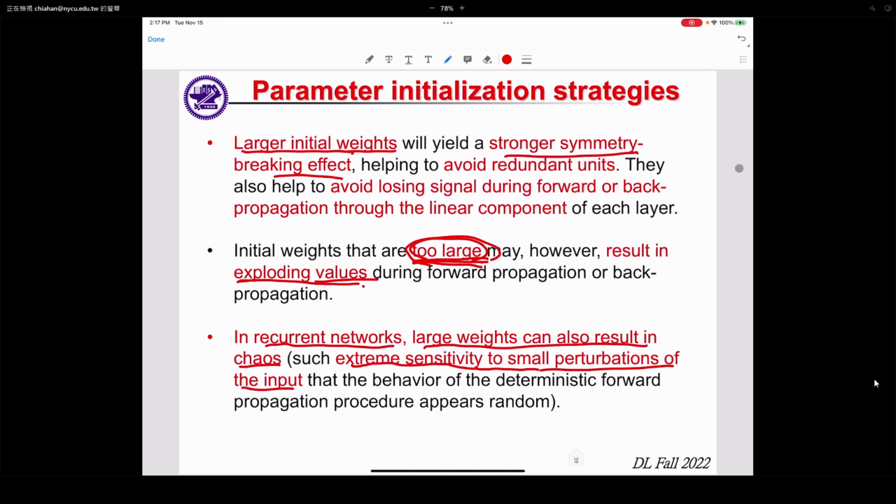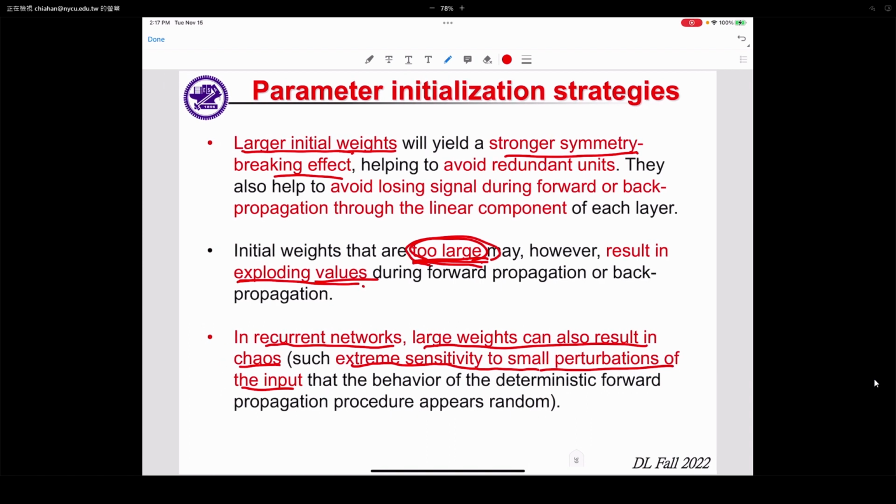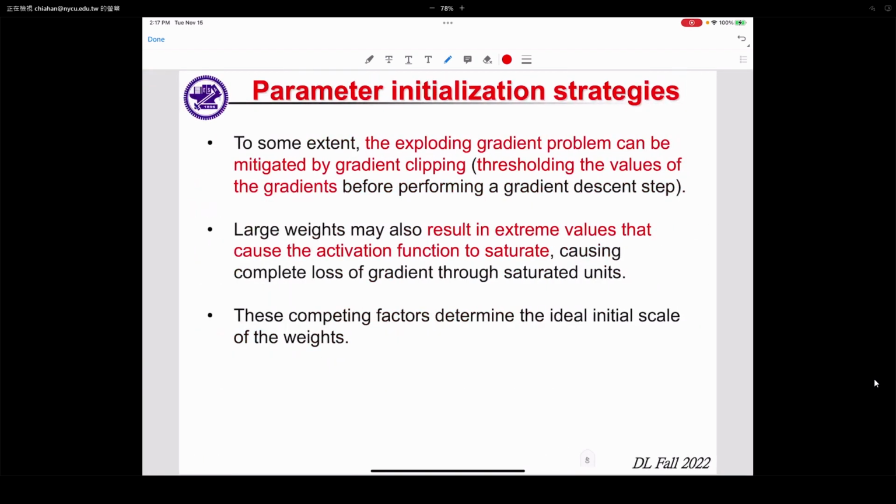If you change the input of the system slightly and it shows a big change at the output, then this system is a chaotic system. So you want your weights to be large enough, but not too large, to avoid the exploding gradient problem.